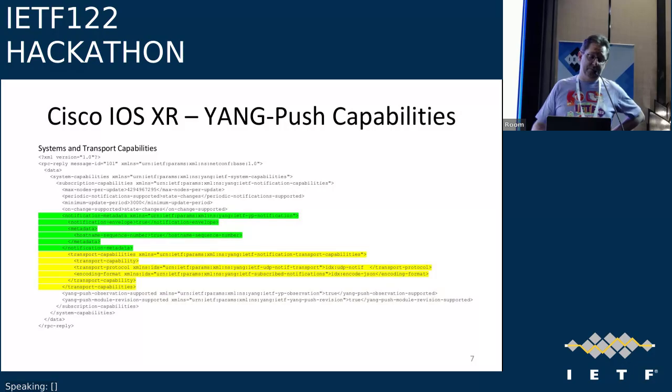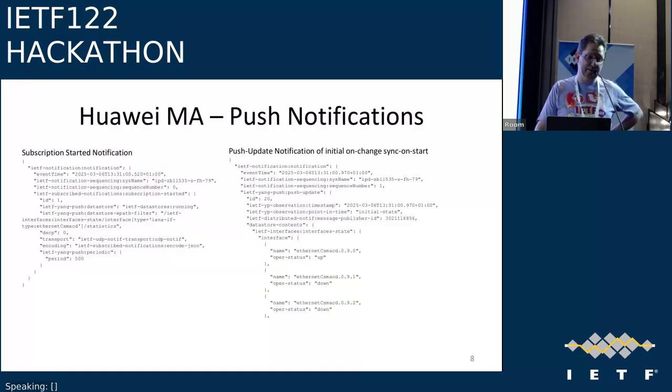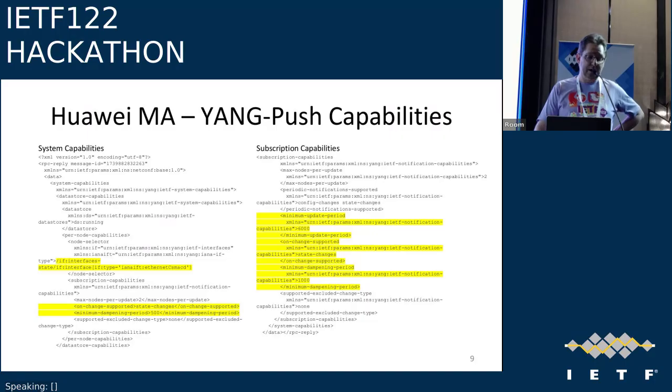Here, the RPC call for discovering the transport capabilities for configured subscriptions. Here, some notifications on subscription started, and also some initial notifications on sync-on-start from the OLT implementation. Here, how we can discover in the capabilities which XPaths are being supported in which granularity.